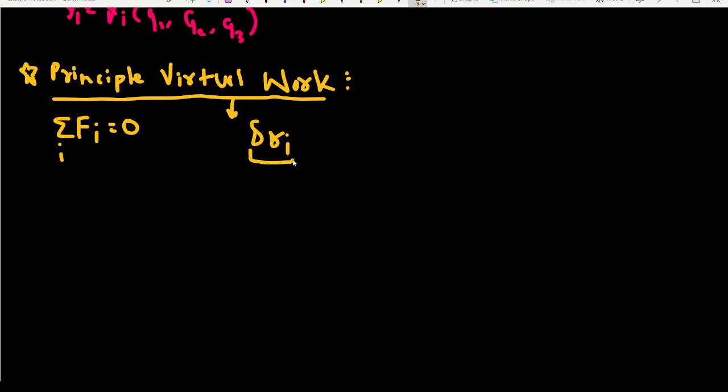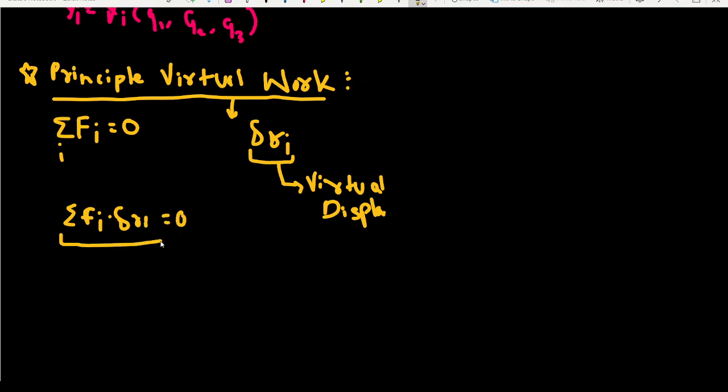This is not the exact displacement; it is called the virtual displacement. It does not generally occur, but we assume that a virtual displacement occurs even in an equilibrium system. And what we say is that if the summation of Fi is equal to 0, then the summation of Fi times del Ri is equal to 0.